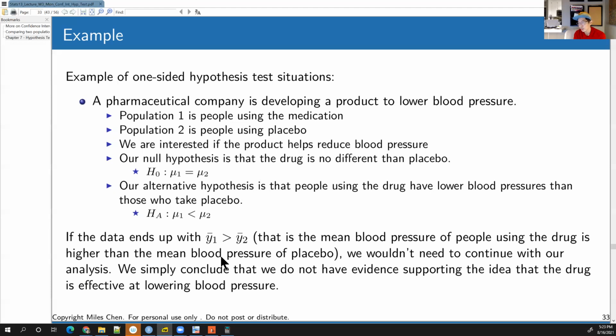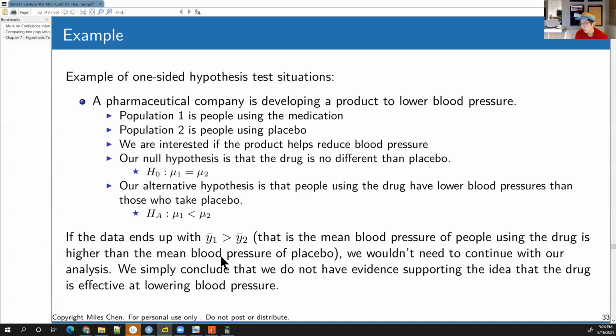So population 1 could be people taking medication, and population 2 could be people taking placebo, right? And so we're interested if the product helps reduce blood pressure. So perhaps your null hypothesis will be that the drug is no different than placebo, that mu1 is equal to mu2. That's going to be your null hypothesis, that there's no difference between the drug and placebo.